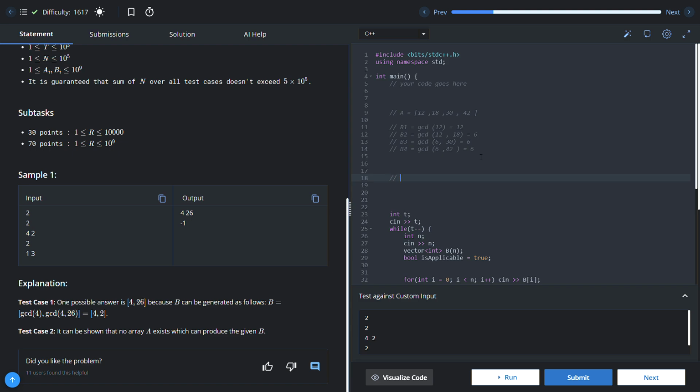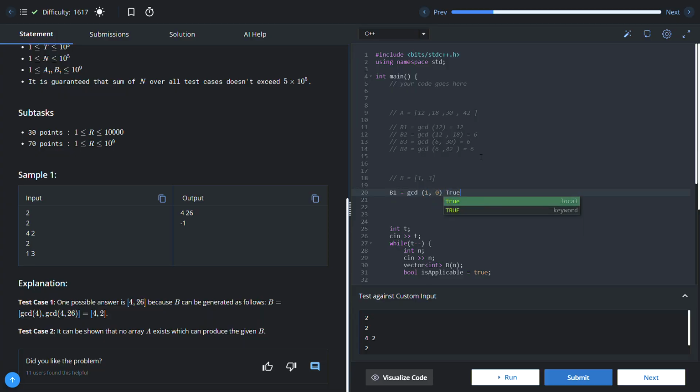But if we have B equal to 1 comma 3, what does this mean? This means B1 is equal to GCD of 1 comma 0. That's okay, that's a true condition.